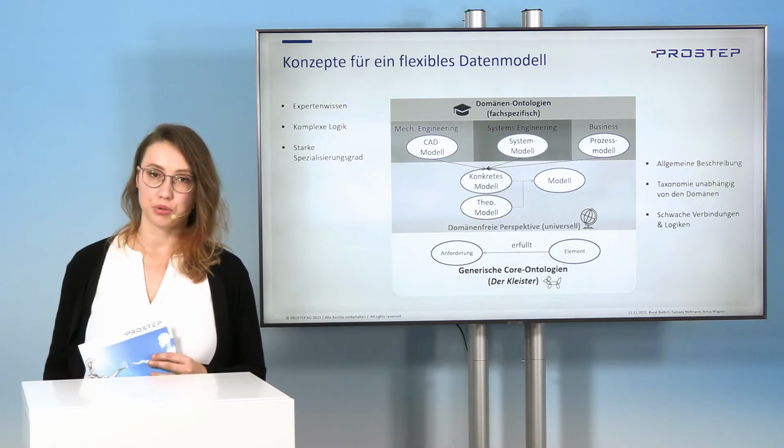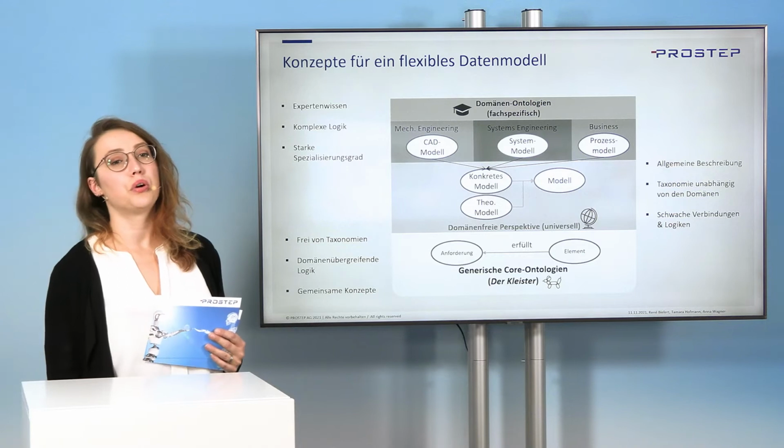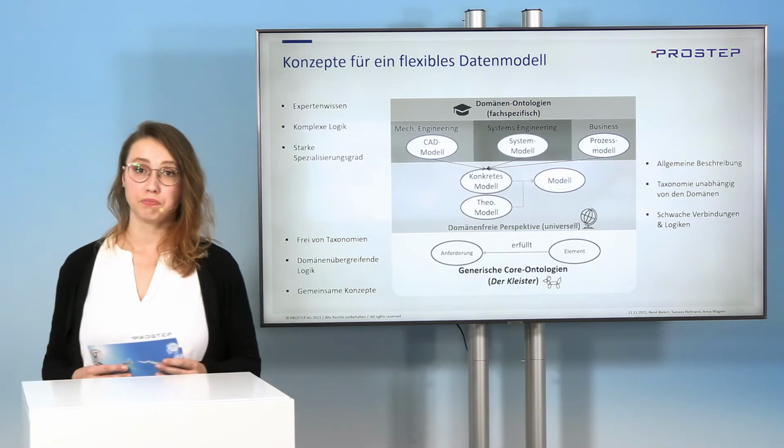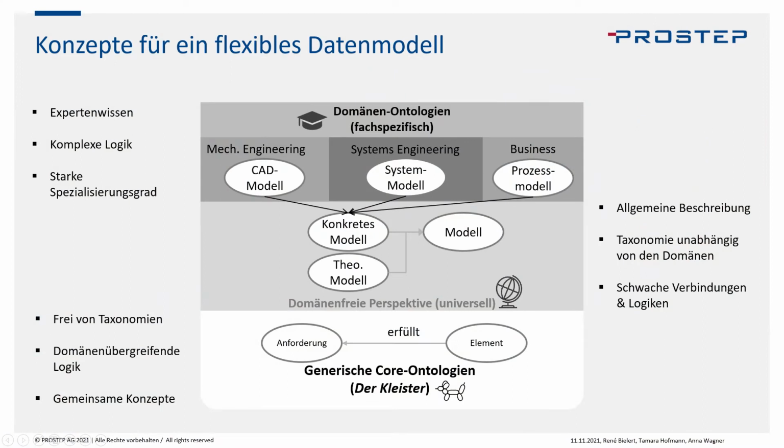Moreover, we have the generic core ontologies that we use as a sort of glue. These core ontologies are free from taxonomies. They describe cross-domain logic. As a result, they enable us to group and view multiple domains in a use case and to abstract common concepts, facilitating powerful search queries.